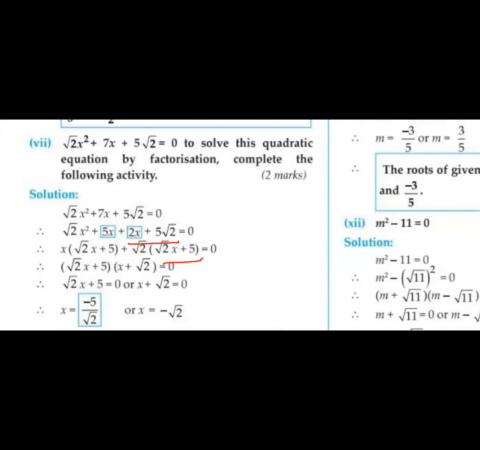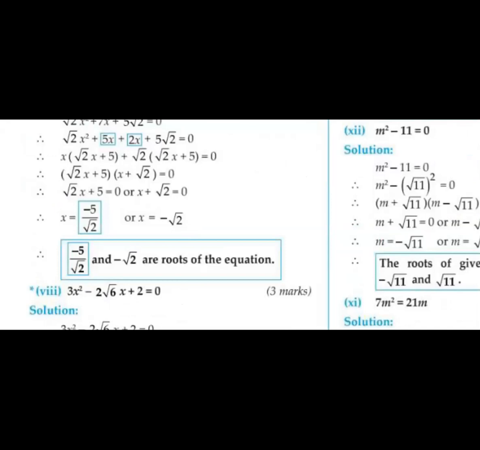So root 2x plus 5 into x plus root 2 equals 0. So root 2x plus 5 equals 0 because this term is 0, and x plus root 2 is also 0. So x equals minus 5 by root 2 and x equals minus root 2. So this is your answer. First is minus 5 by root 2, second is minus root 2. Okay. Clear everyone?